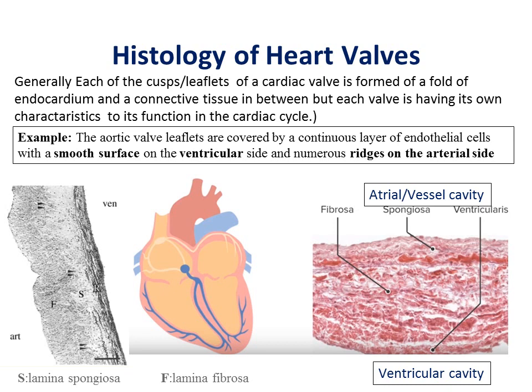Next to that is the lamina fibrosa, and then the ventricular aspect, facing the ventricular cavity, organized in a smooth way to let each valve do its function according to its position and the function it is intended to do.